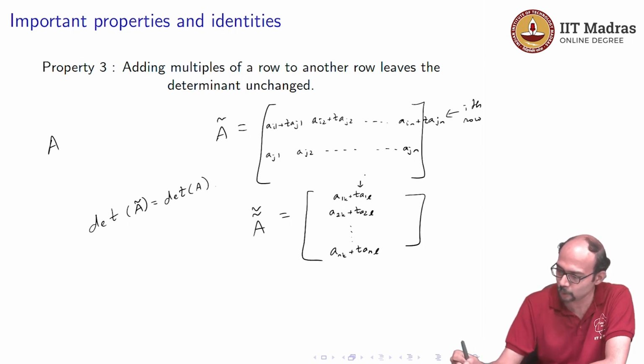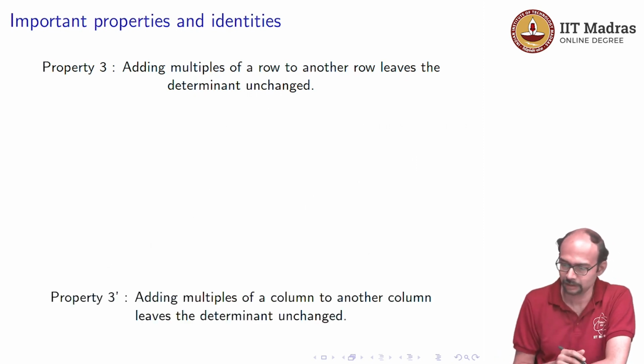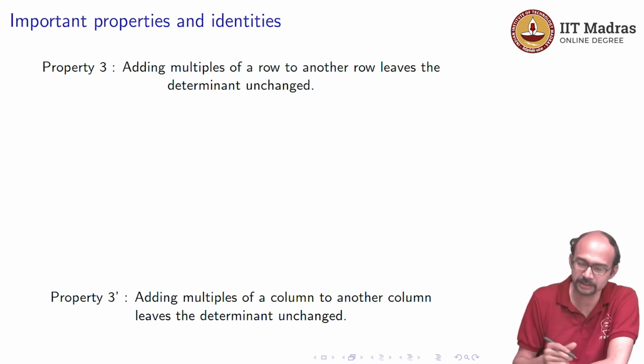This is the new kth column. And the same thing will work. Determinant of A double tilde is determinant of A. So adding multiples of a column to another column leaves the determinant unchanged.